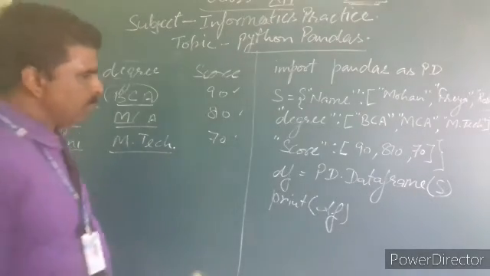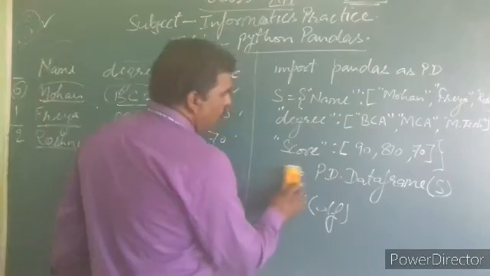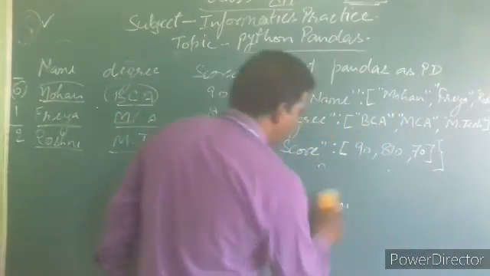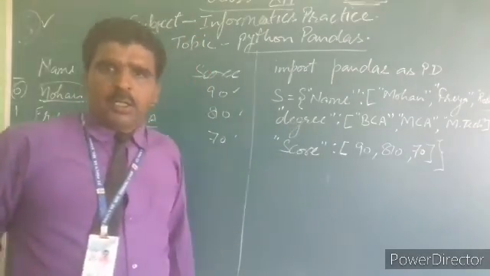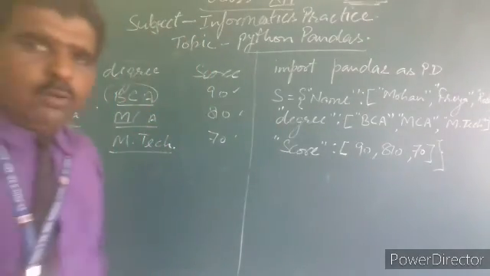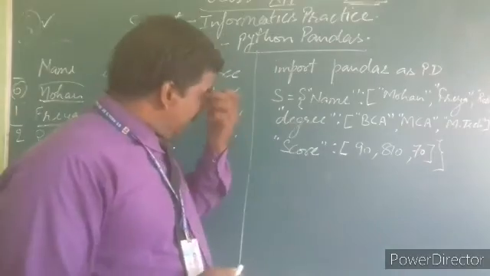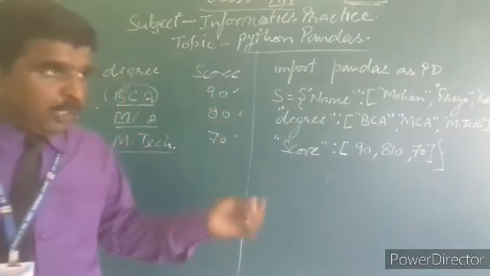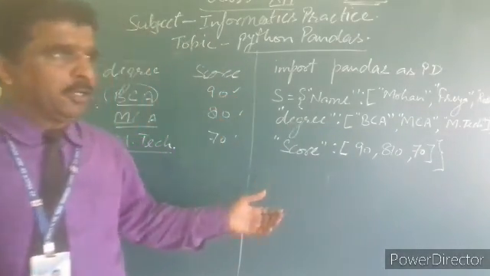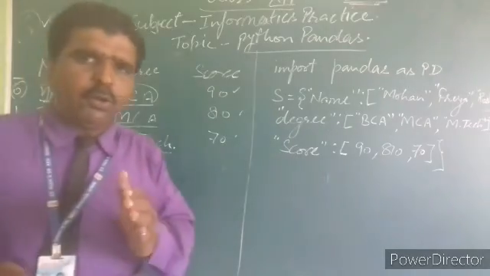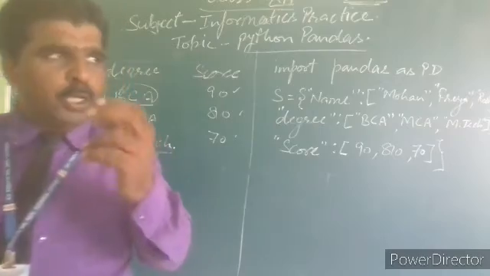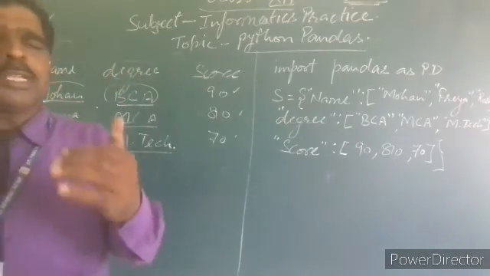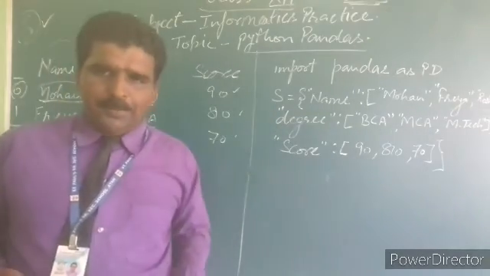So we are not writing here this value. We want the value to be displayed in the frame of Boolean data types, Boolean indexing, or you can say the logical indexing.